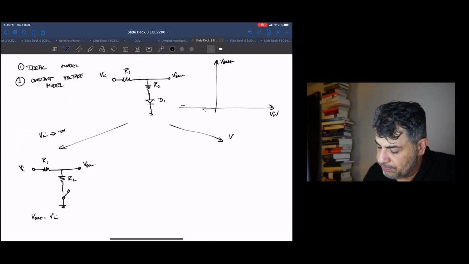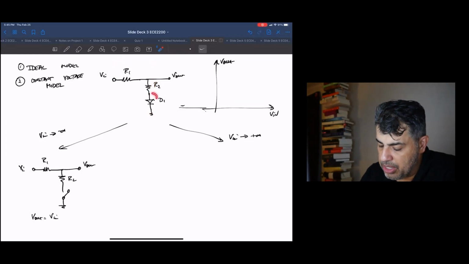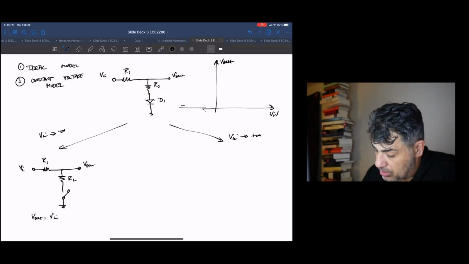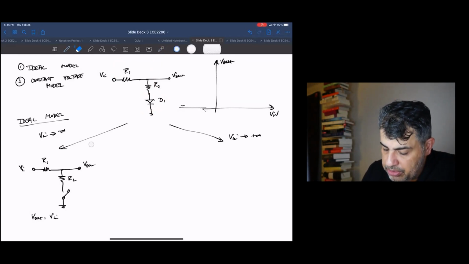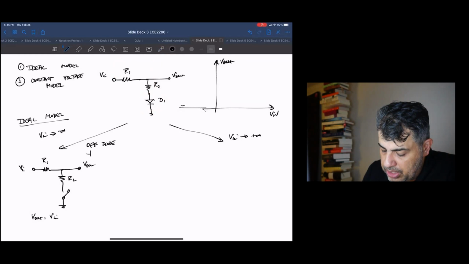And then when Vin is very positive, meaning this point is significantly higher than ground, it means the diode is on. By the way, in this case I'm doing the ideal model first. For an ideal model, an off diode looks like just an open switch.